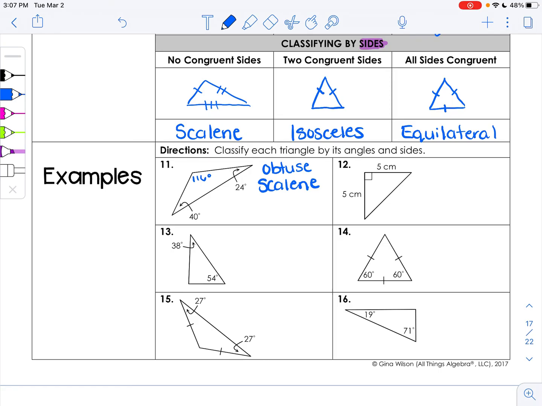Looking at number 12, we can tell off the bat because of the square in the corner that this is a right triangle. Then, based off of the sides, I have two sides that are the same and one side that is different. So that would make it an isosceles triangle.